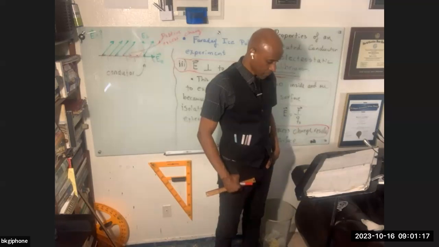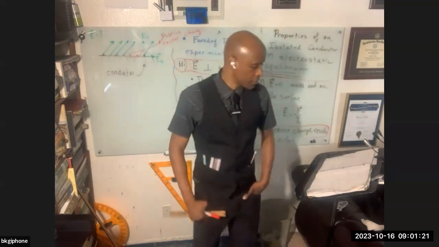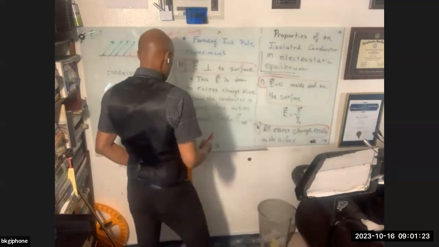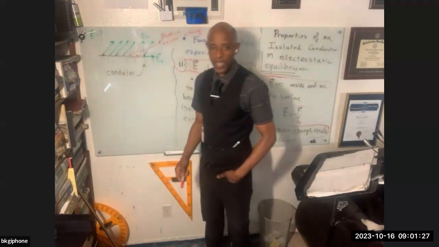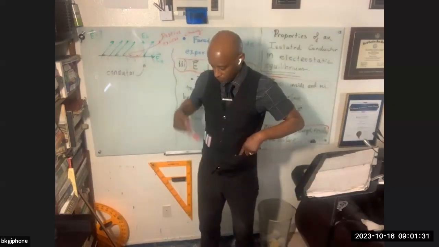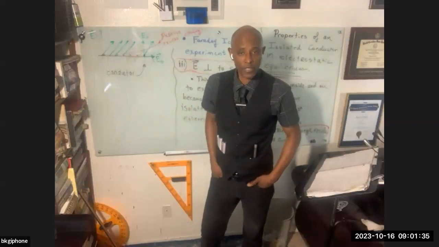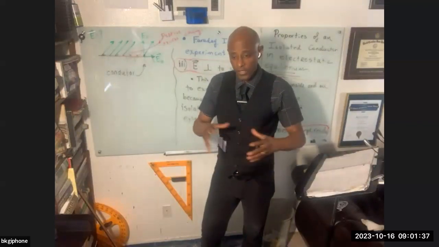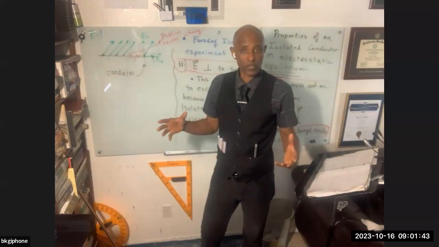And finally, we'll say that if you have a conductor that is not uniform, then you find that charge accumulates in the corners or the sharp areas. Again, this is also an artifact of the property of charge, that it basically tries to move away from itself, like charge repels.